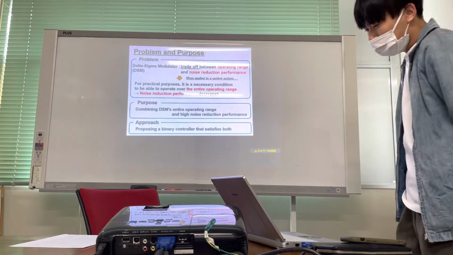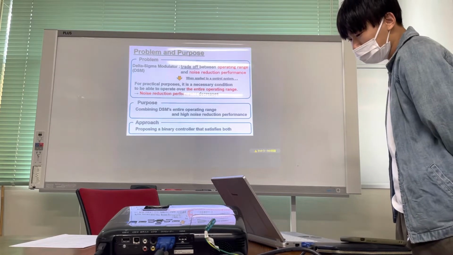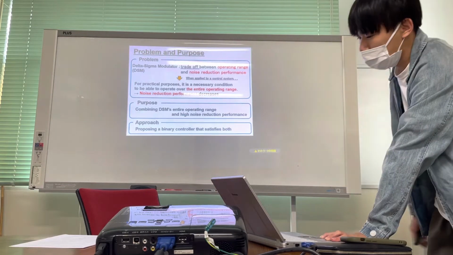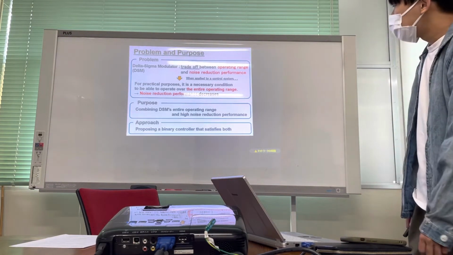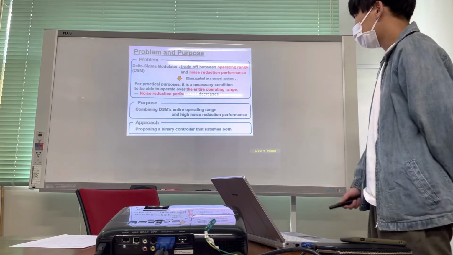However, this reduces the noise reduction performance. Therefore, the purpose of our work is to achieve both the entire operating range and noise reduction performance. The approach is to propose a binary controller that satisfies both.